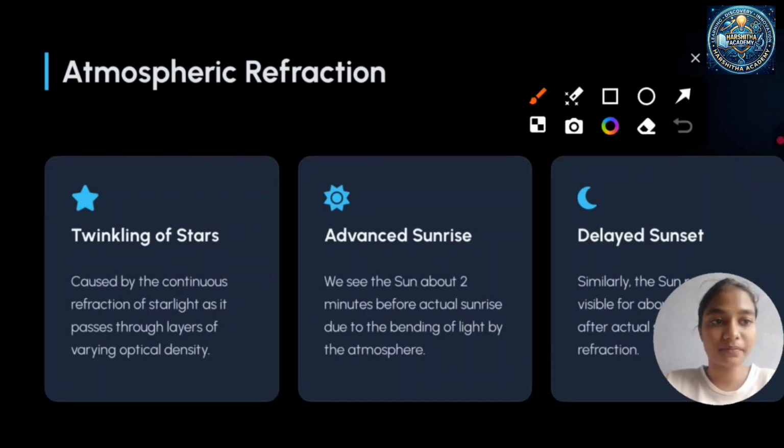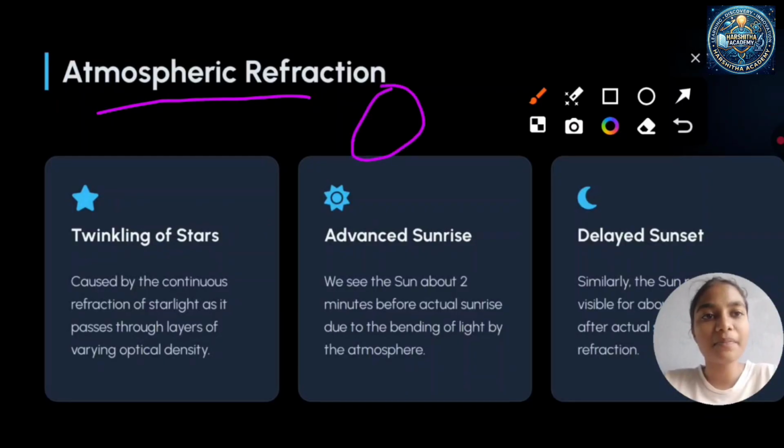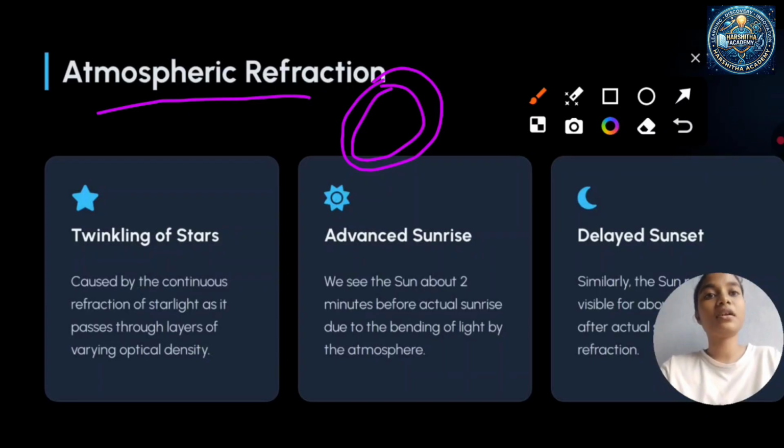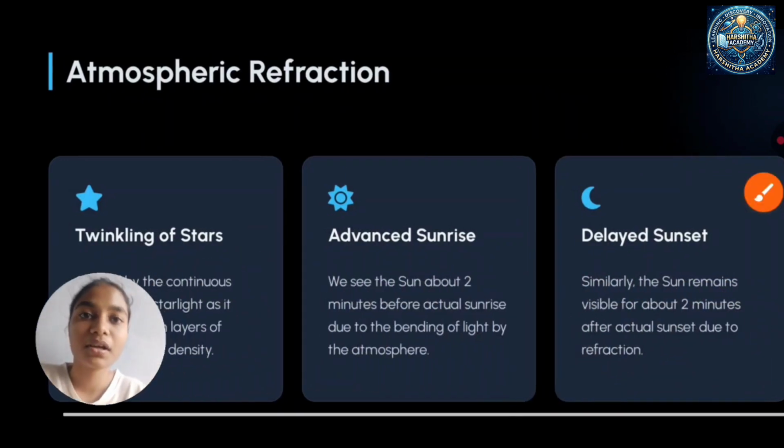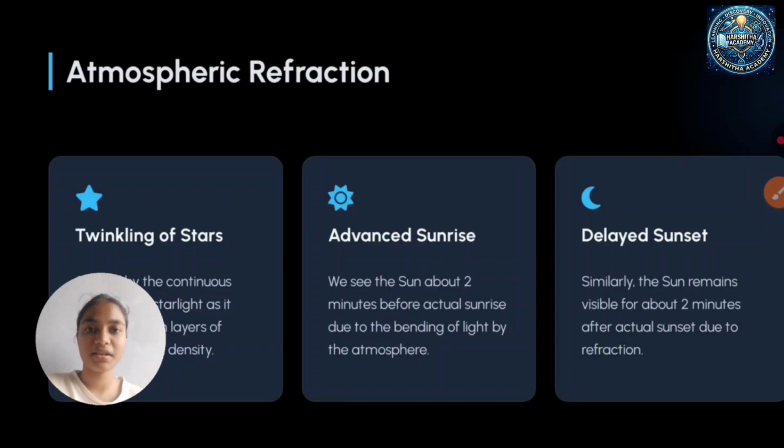Atmospheric refraction. What do you mean by atmospheric refraction? Our earth is covered by atmosphere. In the atmosphere there are different types of gases surrounding the earth.